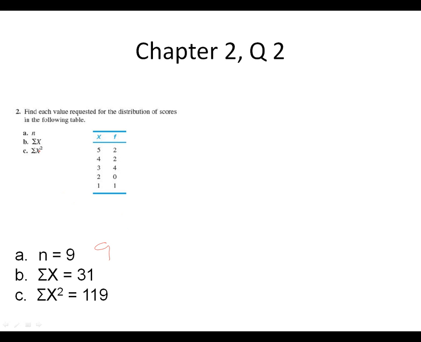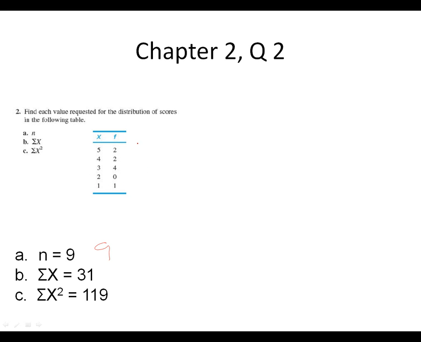Secondly, we want to do the sigma x, which is the sum of x, and as you can see, the answer is 31, and we get that simply by multiplying each of the values by its frequency. So 5 times 2 is 10, 4 times 2 is 8, 3 times 4 is 12, 2 times 0 is 0, and 1 times 1 is 1.